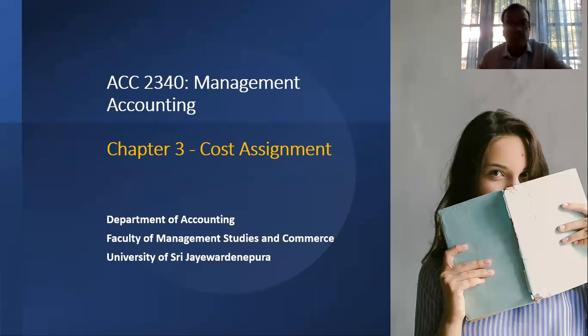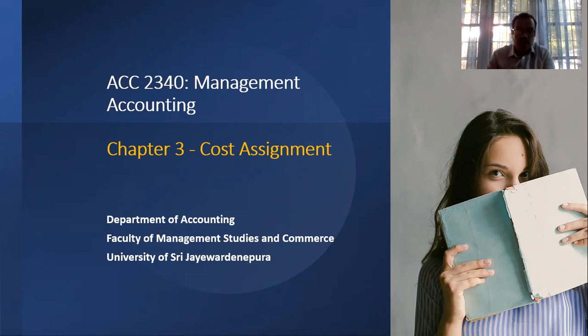I assign this much money for food. I assign my time, maybe 2 hours for playing. So we can understand the meaning of assignment in a very simple way. It's not a big deal. Even the assignment that you do in your different subjects, tasks assigned.